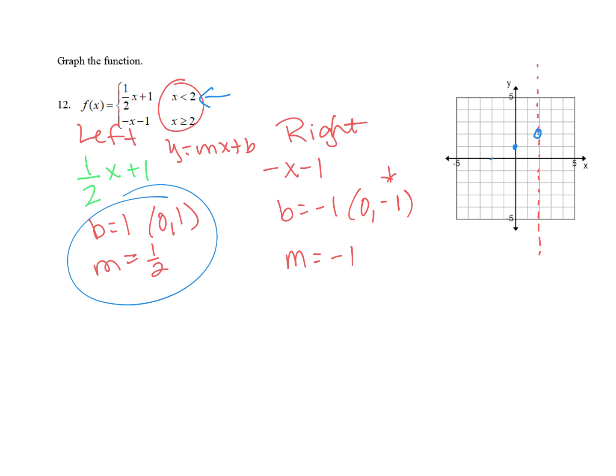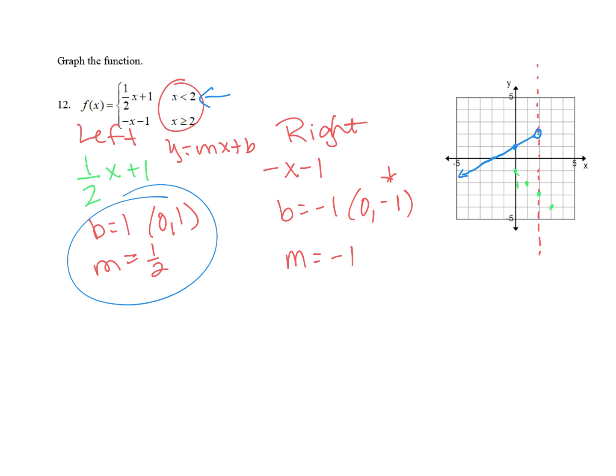I can even count backwards just to get me another point if I want to. I'm going to draw my line that way. So that's the left side of my line. Now, I'll do the other one in green just to kind of let it stand out. So if I want to graph this exactly the same way, my y-intercept is at -1, and I'm going to count down 1, right 1, down 1, right 1, down 1, right 1.